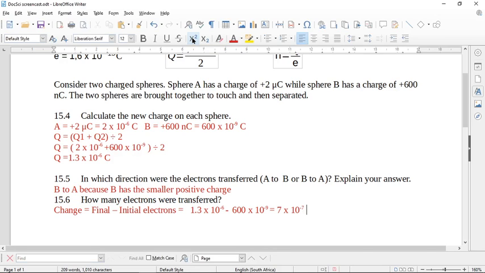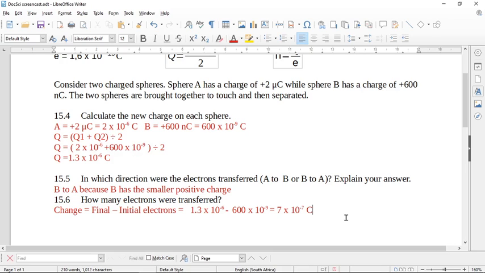So this is how much charge the difference in charge is, okay? Because this is not electrons, remember, this is charge. This is coulombs minus coulombs. So 7 times 10 to the negative 7 coulombs of charge was transferred.